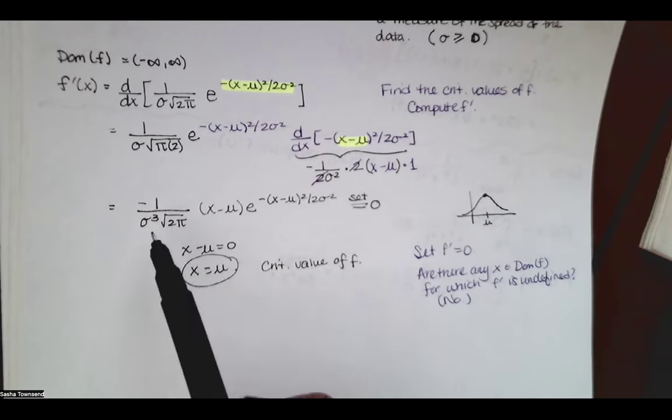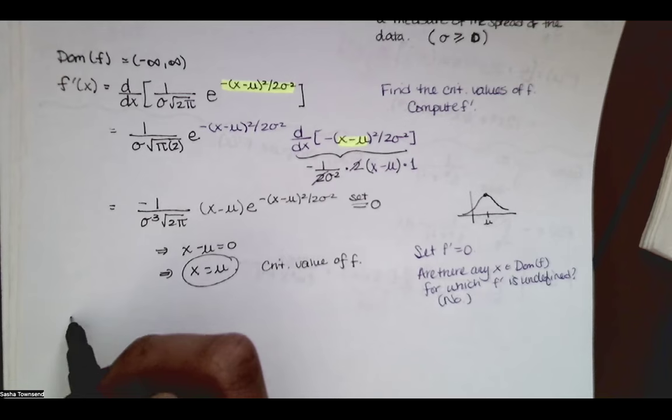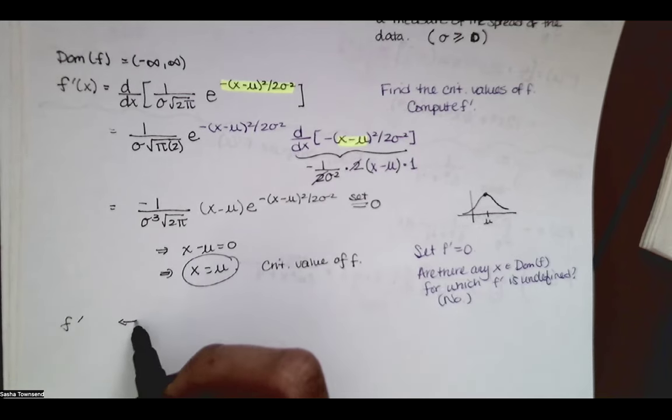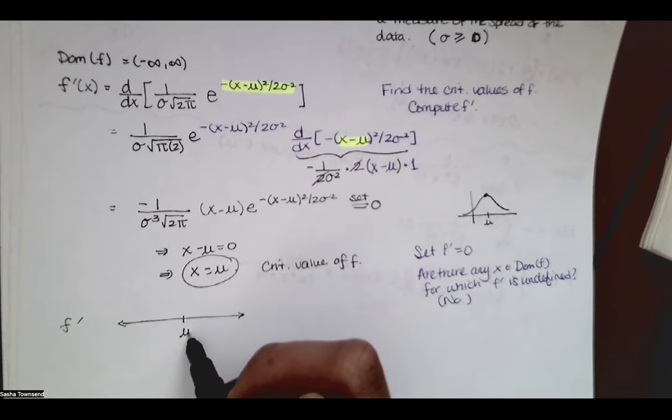So we know that f prime is 0 when x is equal to the mean. And let's determine the sign of f prime on various intervals. To do that, we're going to make a sign chart for f prime.